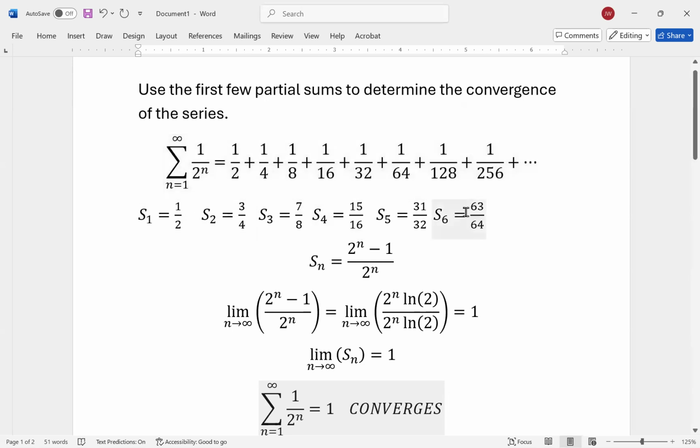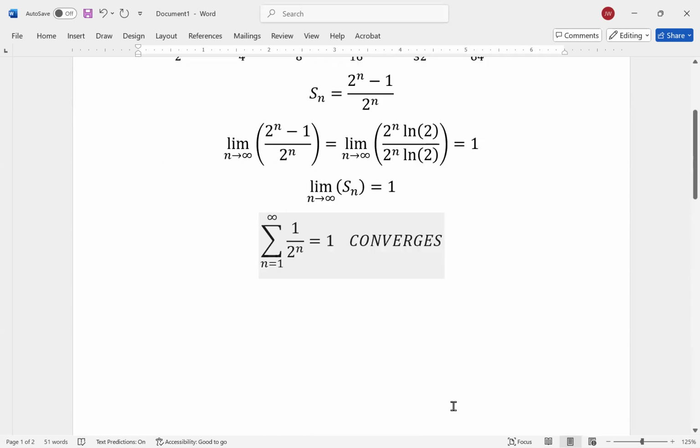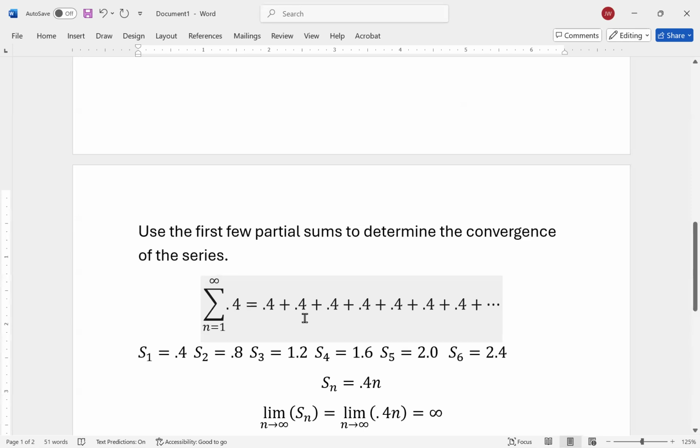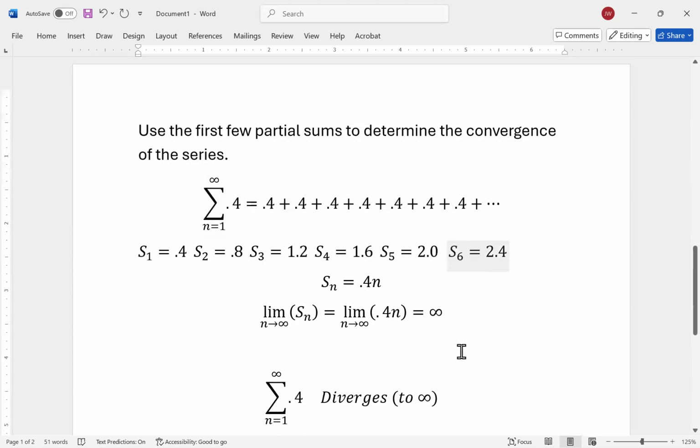So the partial sums had an opportunity to converge. If the individual terms never get close to zero, then the partial sums never have an opportunity to converge. And that's going to be our next result.